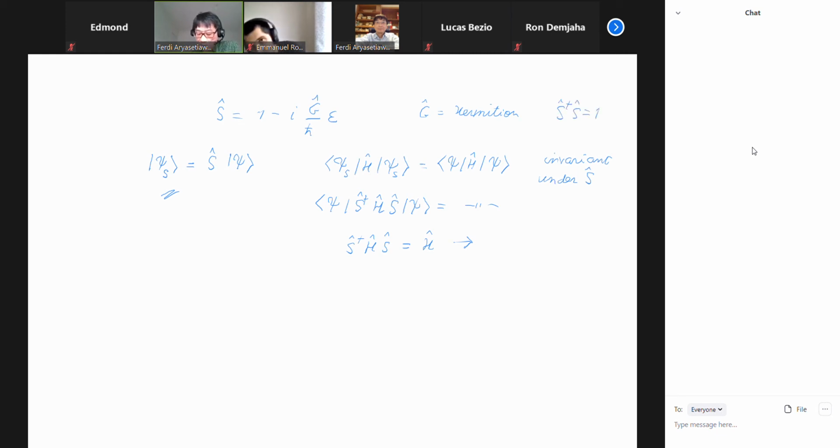But then it implies that H commutes with the symmetry operator, like we said in the beginning. So that's the definition. We can take this as our definition of invariance of the Hamiltonian under symmetry operation.